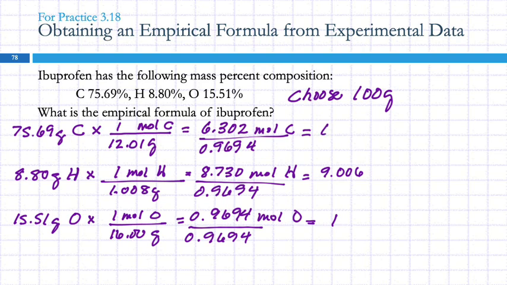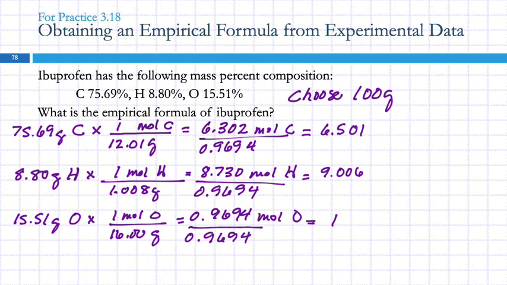And this comes out to be 6.501. So this is good. We can round that to 9. This is good. That's a whole number. That's 1. But this is 6.5.